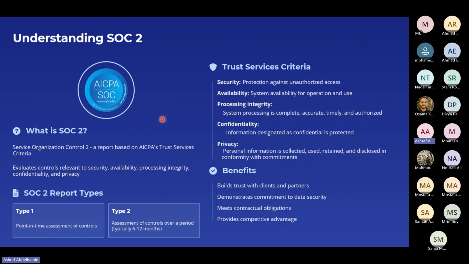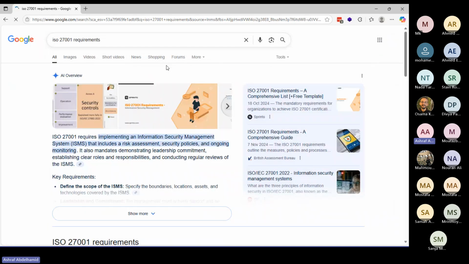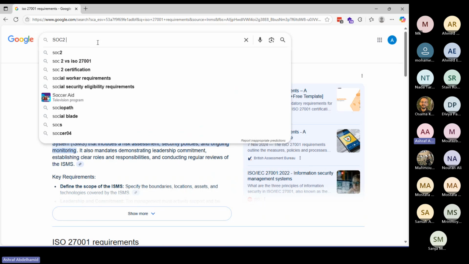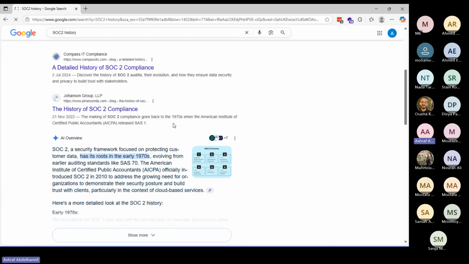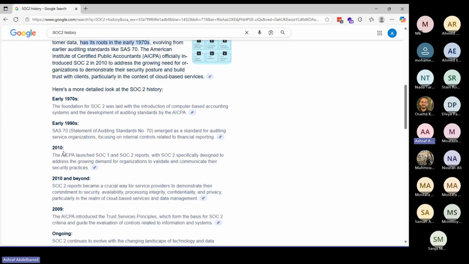So when we look at the SOC 2 origination, we also see that it started a long time ago, but not as long as ISO. It started around 15 years ago.